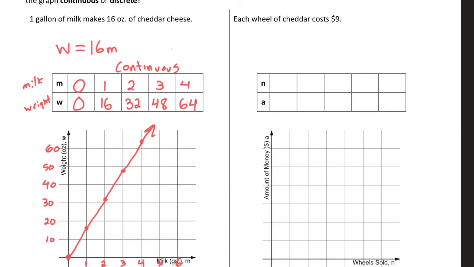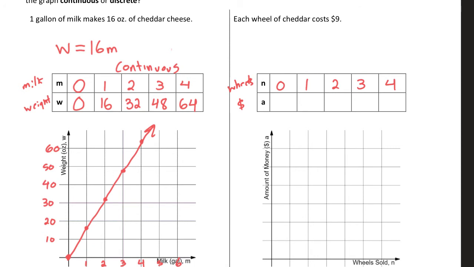The next situation: each wheel costs $9. So our input is going to be the number of wheels we sell, cheese wheels, and then A is going to be the money we make off of those wheels. So again, I would just go with the standard 0, 1, 2, 3, 4 for my inputs.